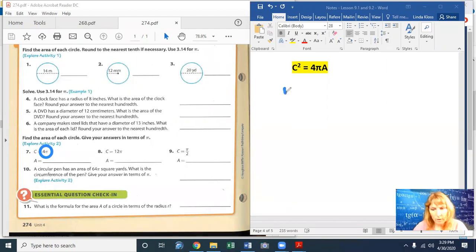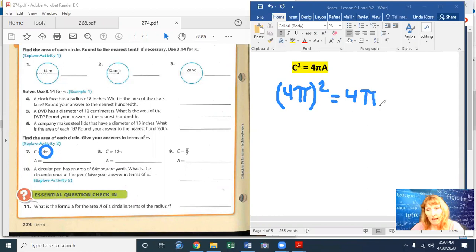So 4 pi, and notice that it's 4 pi squared because it's c squared. So the circumference has to be squared, and that's going to equal 4 pi times the area, and that's what we're looking for. So we need to get A by itself.